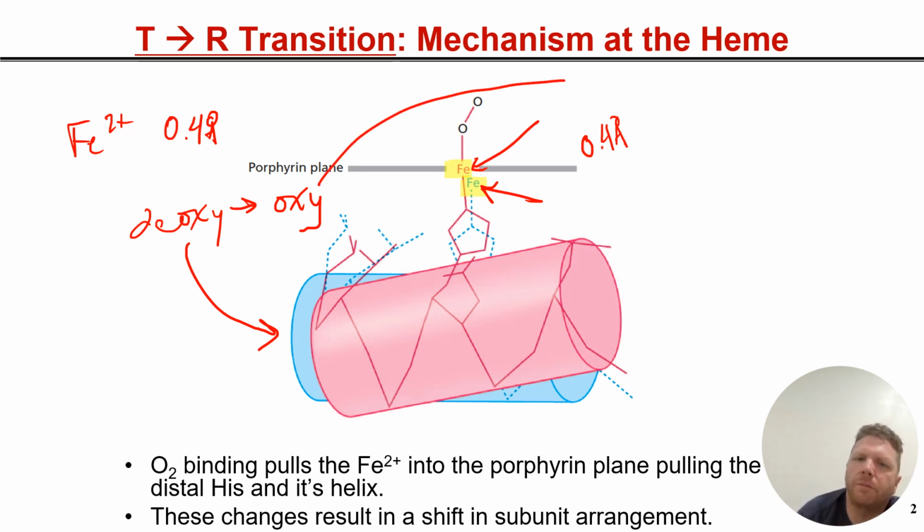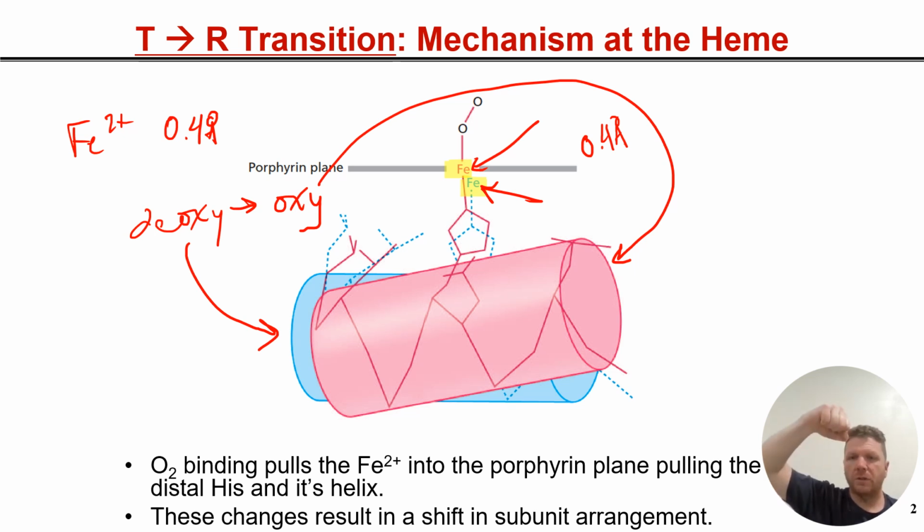This pink cylinder is the oxygenated form. So think about it: oxygen binds the iron ion, oxygen binds on, and pulls iron up 0.4 angstroms.